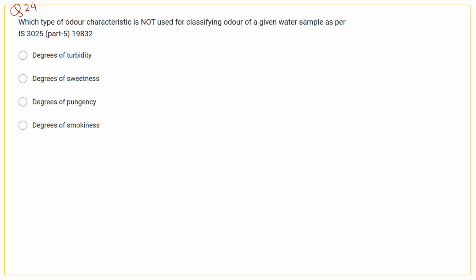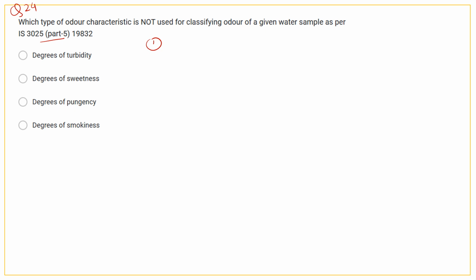The next is question number 24. Which type of odor characteristic is not used for classifying odor of a given water sample as per IS 3025 part 5, 1983? Okay, in case of odor characteristics as per this IS code, there are four characteristics.